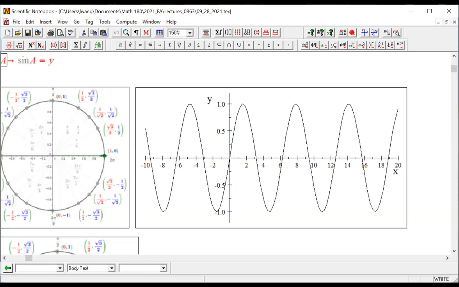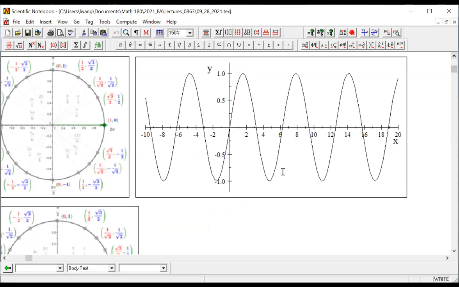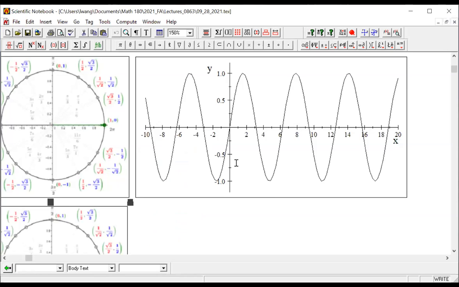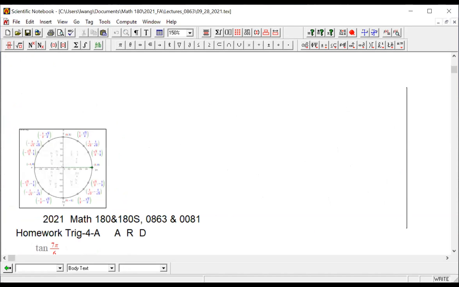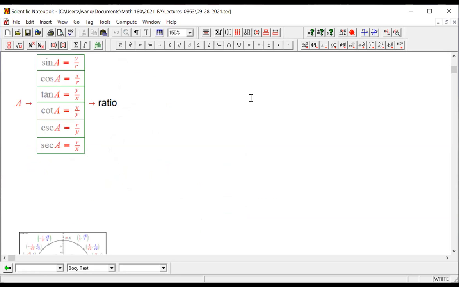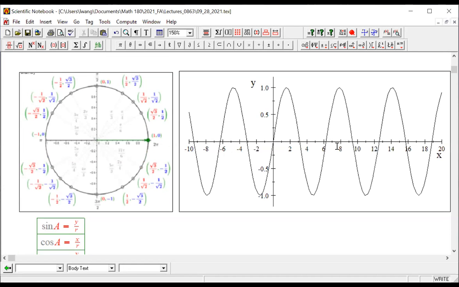Right, so this is sine. Hold on. That's still sine.